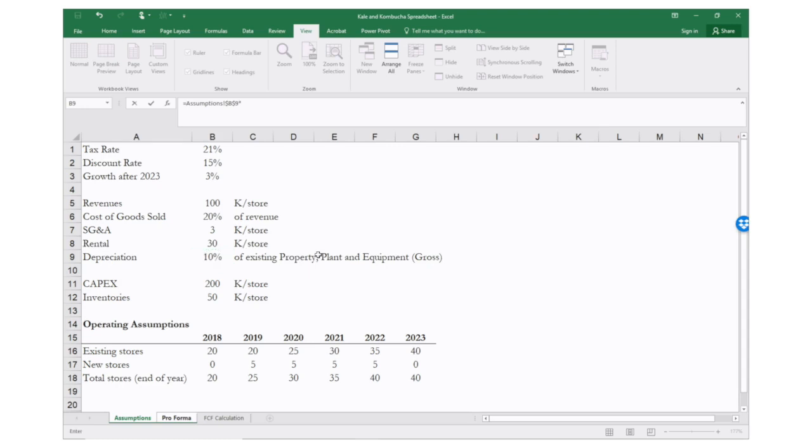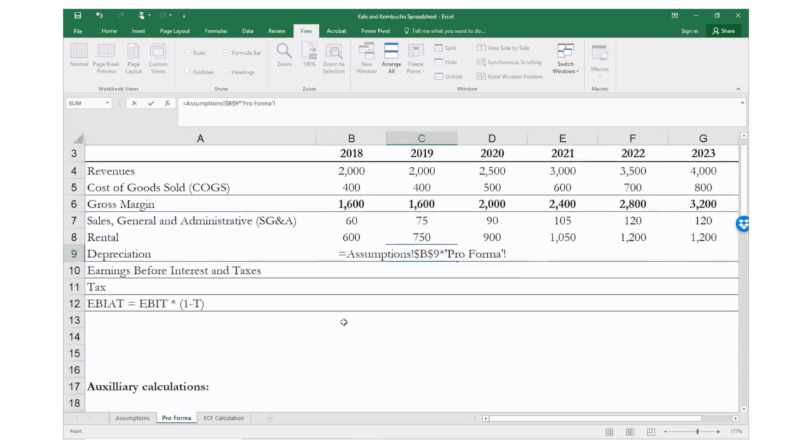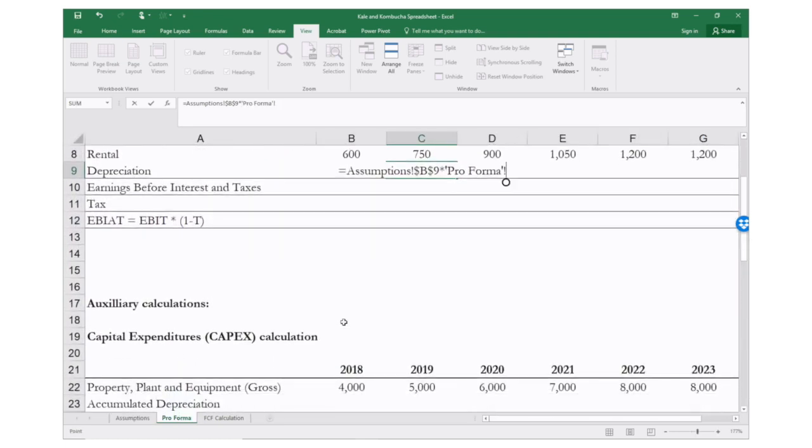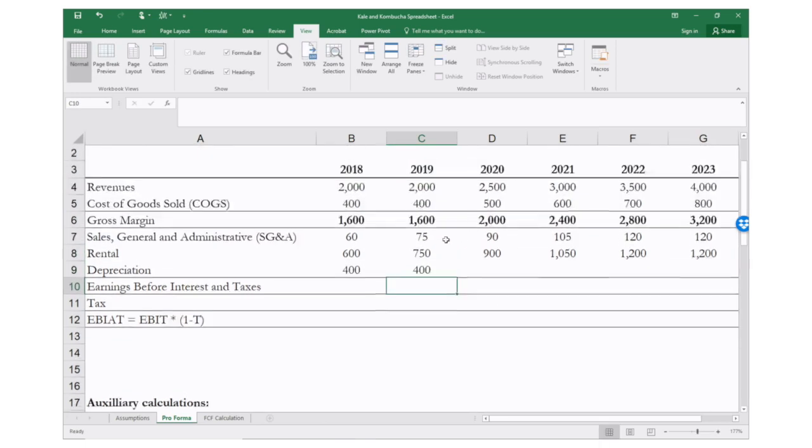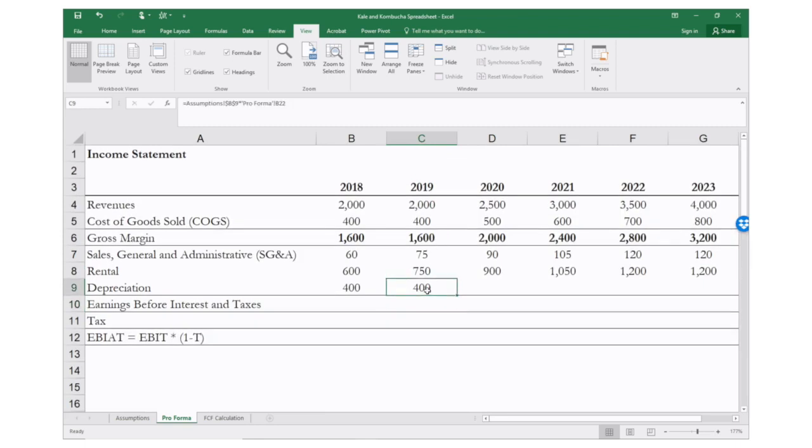So what does this mean of existing property, plant, and equipment? Well, if you go down to my property, plant, and equipment calculation, in 2019, when I started, I had $4 million of gross property, plant, and equipment. That is the amount that I will depreciate over the coming year. So in 2019, my depreciation is again $400,000.